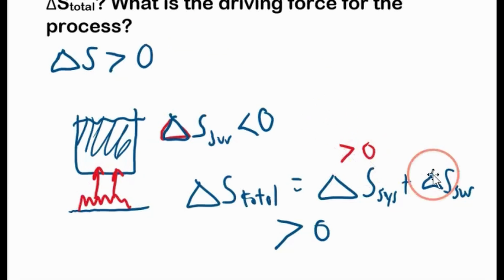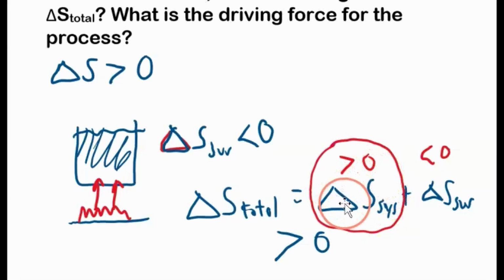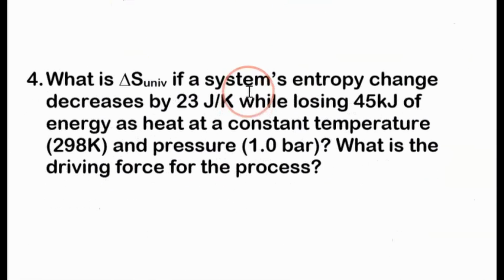This one, the surroundings, is less than zero, but they don't cancel out. Because the total entropy change of the universe is greater than zero, this term wins. This is the driving force of the process. The change in entropy of the system is much greater than the loss of entropy of the surroundings. Okay, hope that made sense. Hope that was super clear.